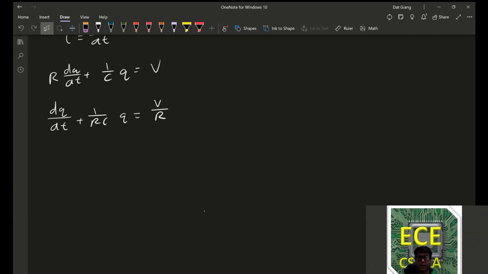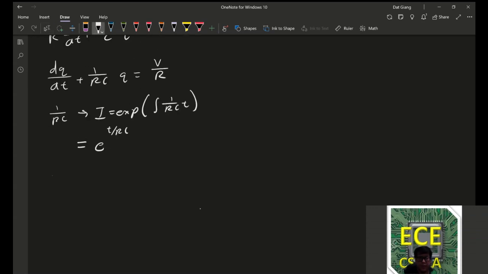Now, our integrating factor, or our pseudo P of x, is 1 over RC. And as such, we can find the integrating factor: e to the integral of 1 over RC dt. This right here is just e to the t divided by RC.